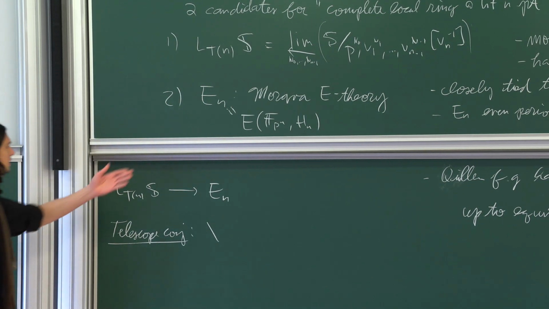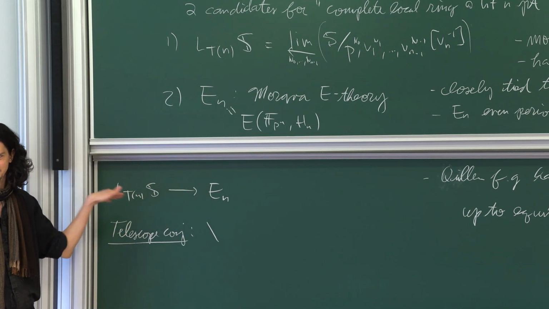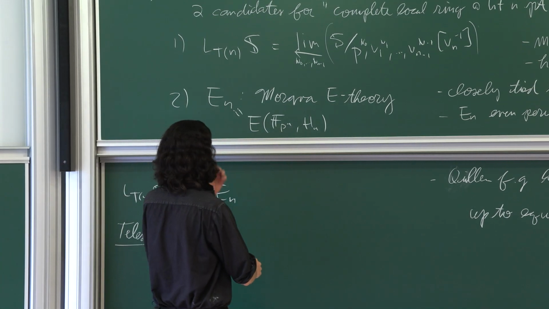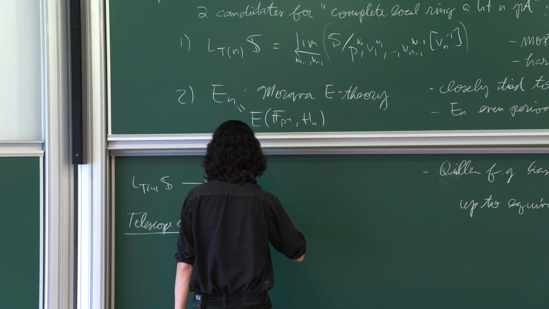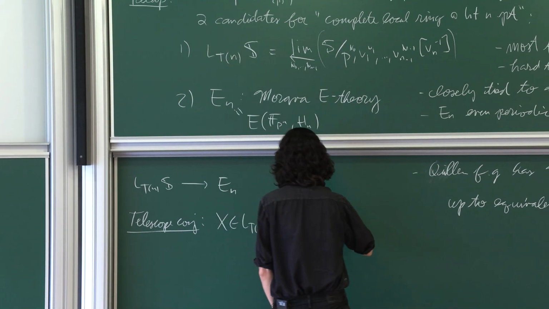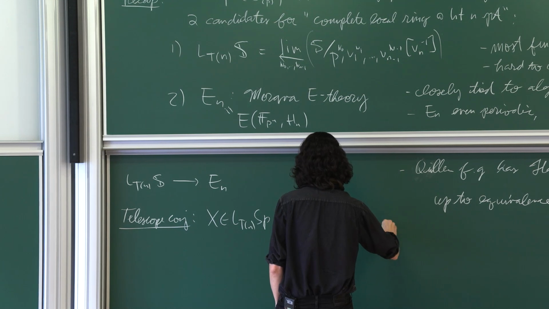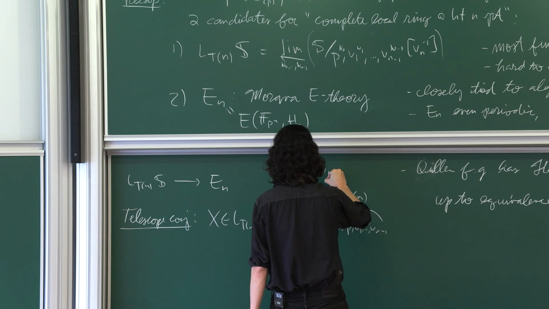Exactly, yeah. It's a ring, so it has a map from the unit, the sphere spectrum. That's the unit map. So the telescope conjecture says that if X is a T_n-local spectrum, and if X tensor E_n mod (p, v_1, ..., v_{n-1}), so this is called K_n, Morava K-theory.